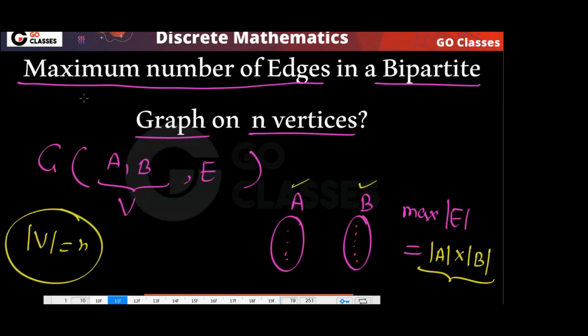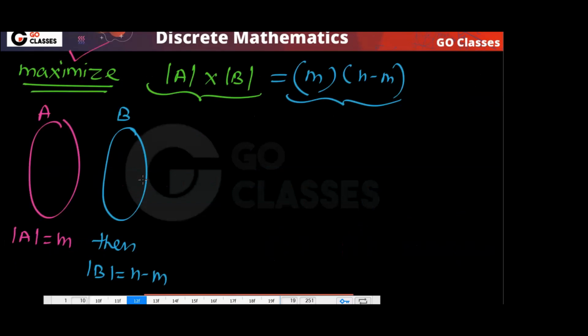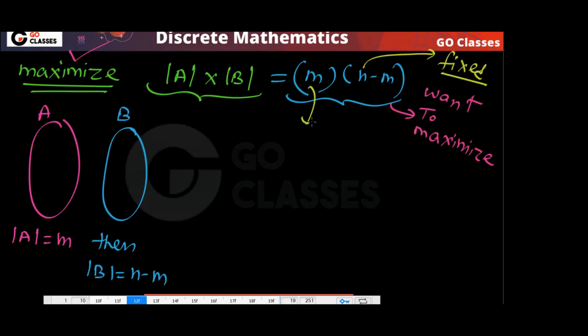Now finally, what do we want to maximize? What is variable in this value? This n is fixed, and this m is the variable.